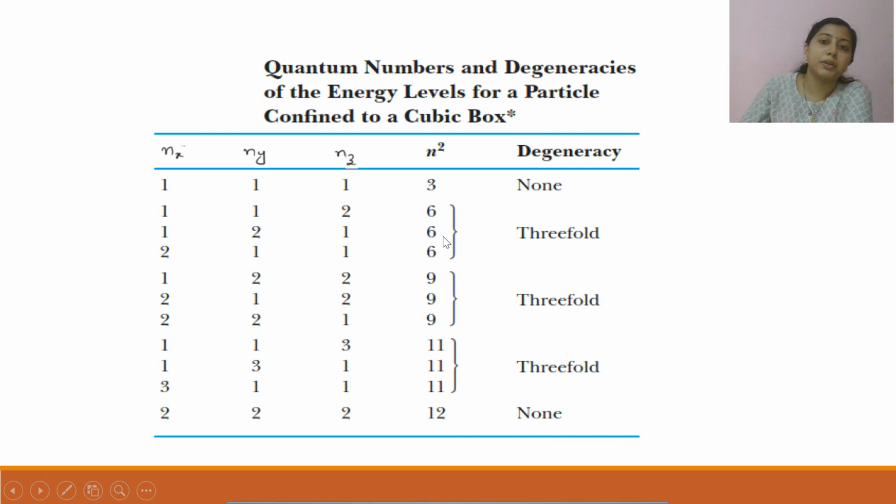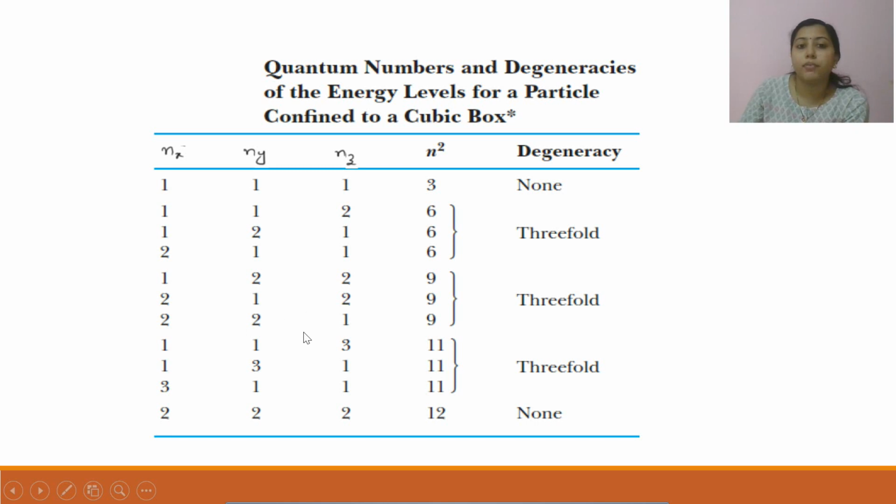This is a table showing the values of the quantum numbers nx, ny, nz and the degree of degeneracy. As we have seen, when all three values nx, ny, nz are equal to 1, we get n square as 3 and the state is non-degenerate. When nx equals 1, ny equals 1, but nz equals 2, there are three different combinations like this, all having n square equal to 6, which is triply degenerate or threefold degenerate.